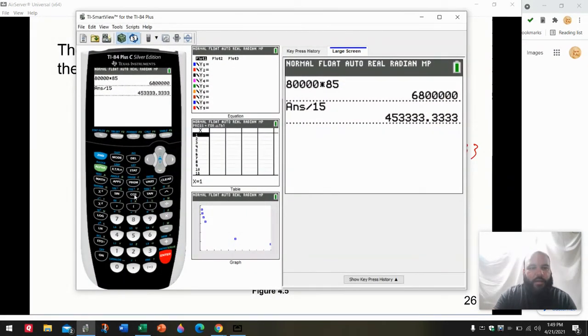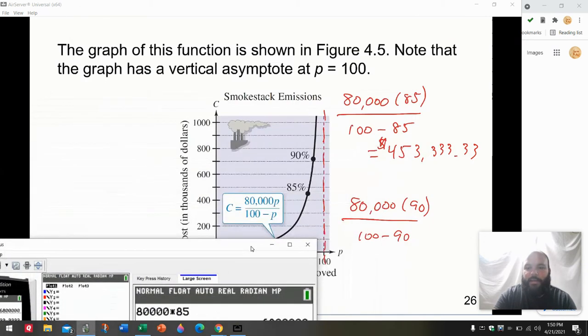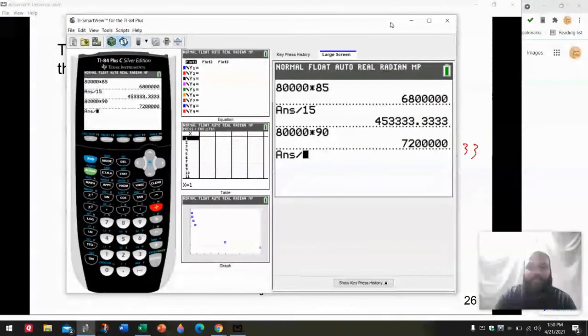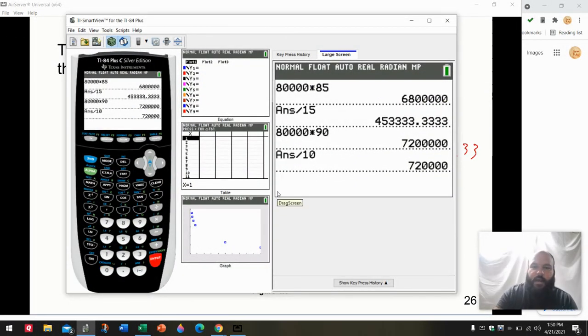Now I'm going to do the same thing, 80,000 times 90, and then I'm going to divide that by 100 minus 90, which is 10. And when I do that, I get $720,000. So now they want to know what the increased cost was.